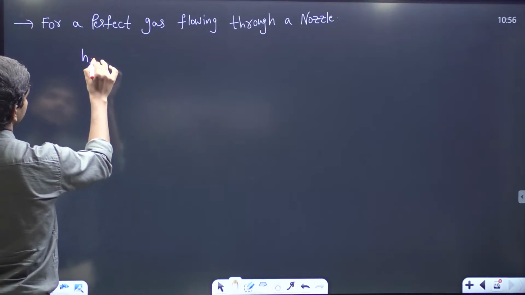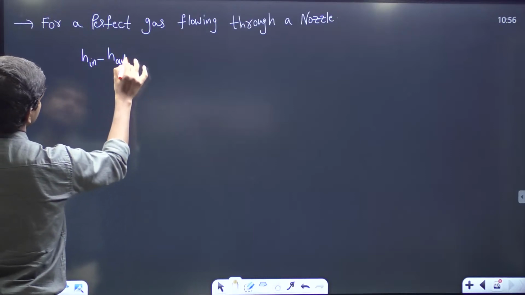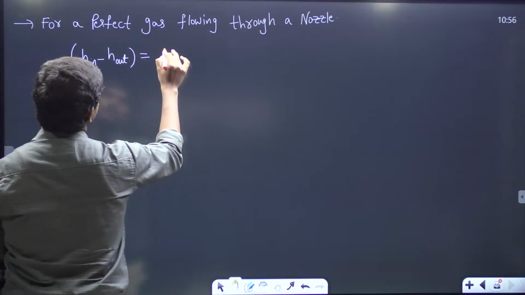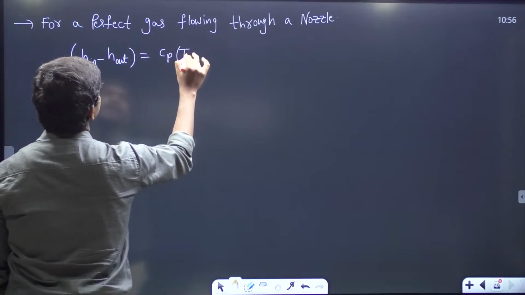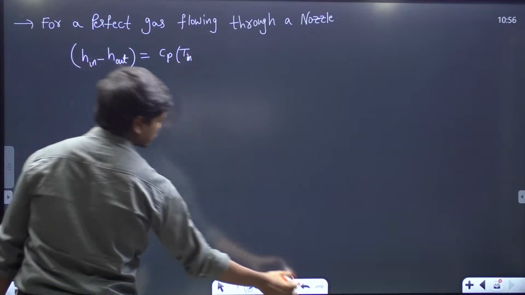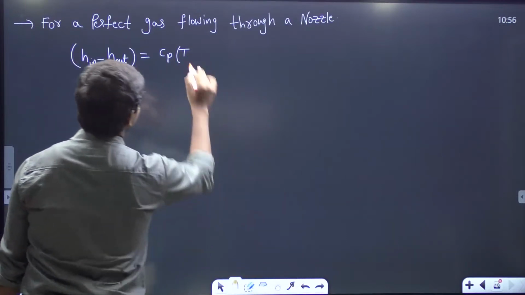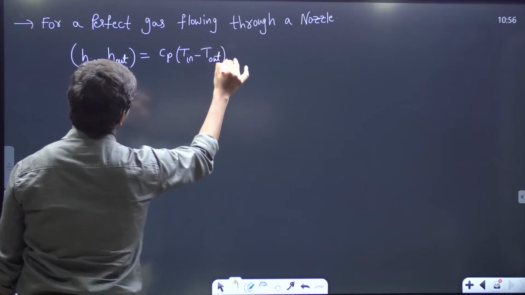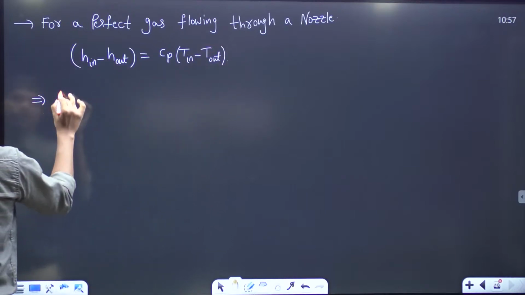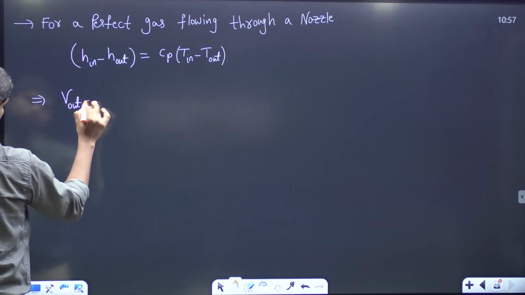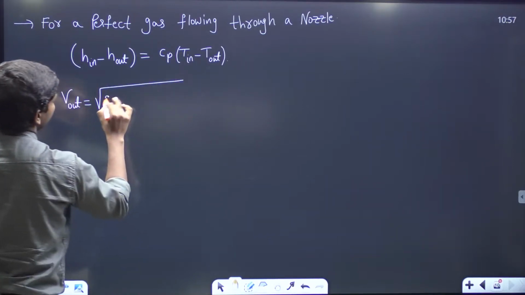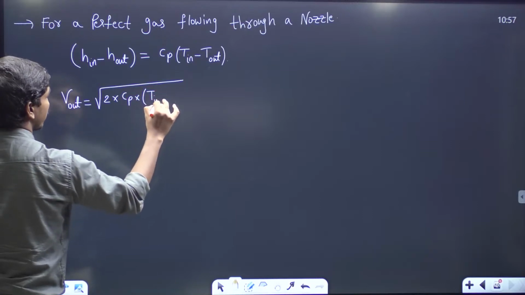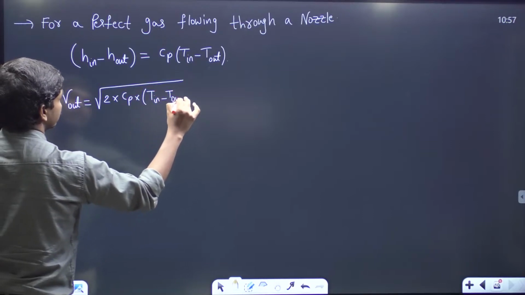H inlet minus H outlet is equal to Cp into (T inlet minus T outlet). So V out is equal to square root of 2 into Cp into (T inlet minus T outlet).